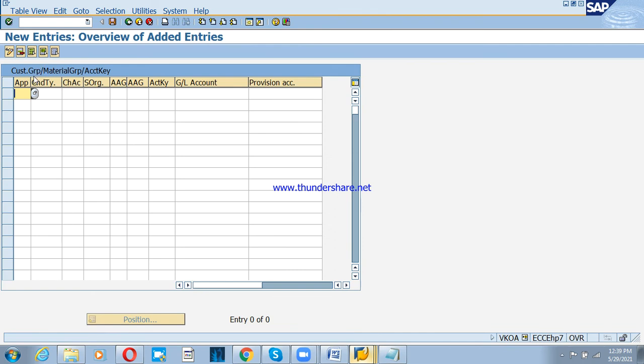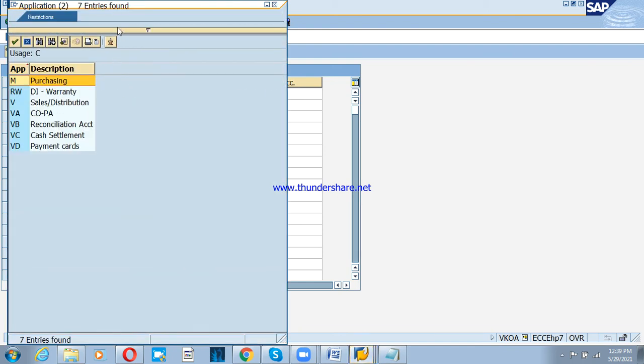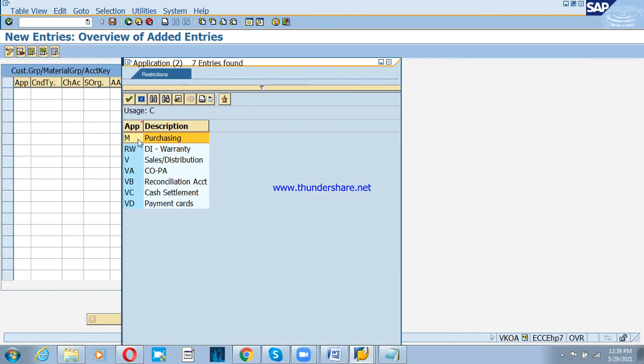Okay, here APP means application. If you press F4, you will get many data. So we will get purchasing, application, warranty application, sales and distribution, COPA. Many applications will be available, in which module or in which application you are going to integrate.